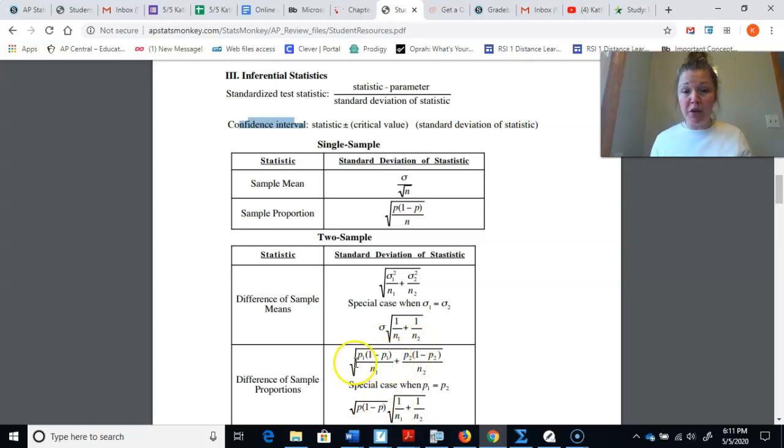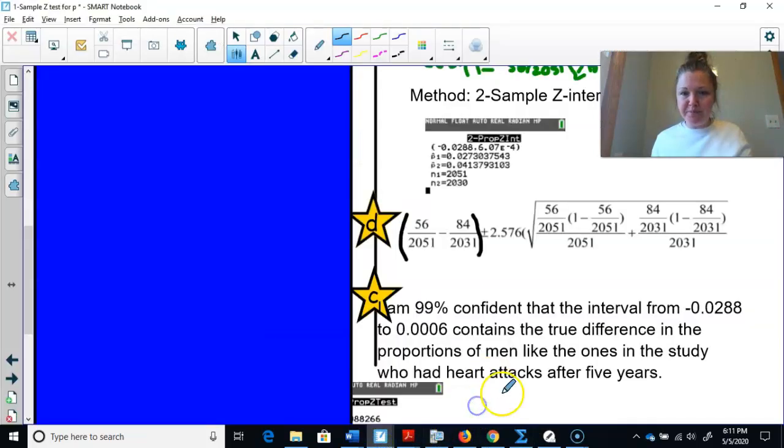We're doing an interval. So you take the statistic, not the parameter, because we don't know the parameter, times 1 minus the statistic for the first group. So in our case, it'd be the Jump Fibrosol group. And then the statistic for the placebo group, times 1 minus the statistic all over the sample size for the placebo group.